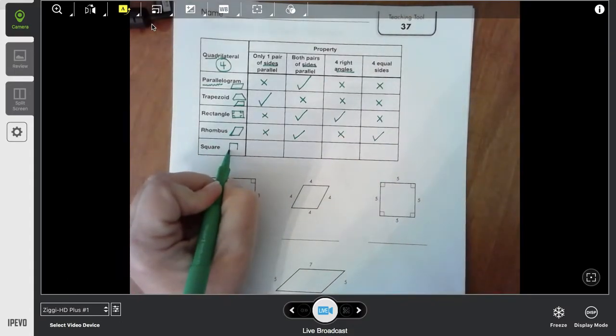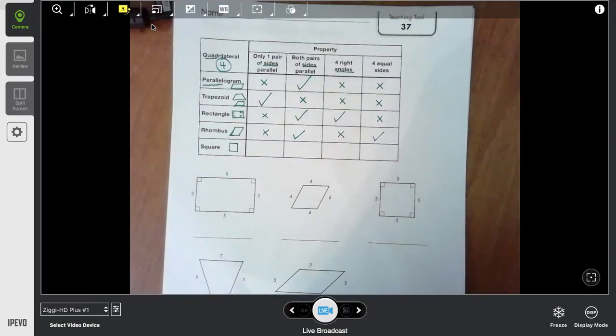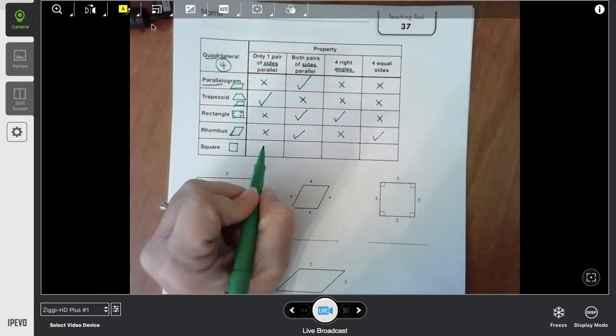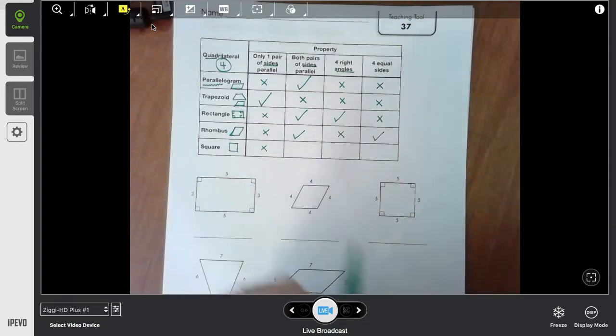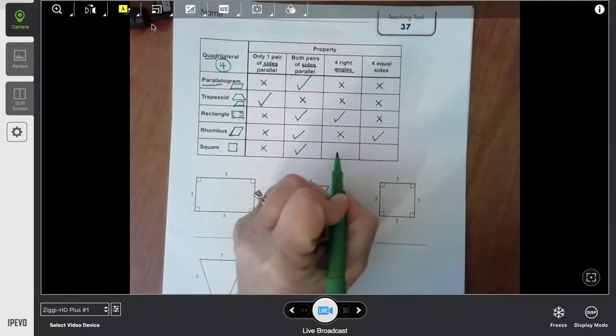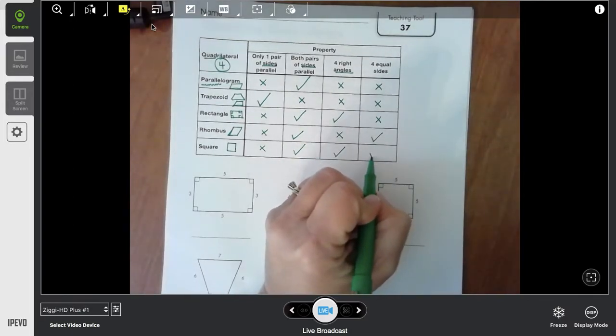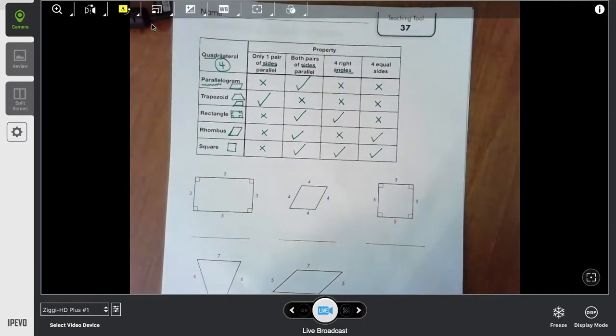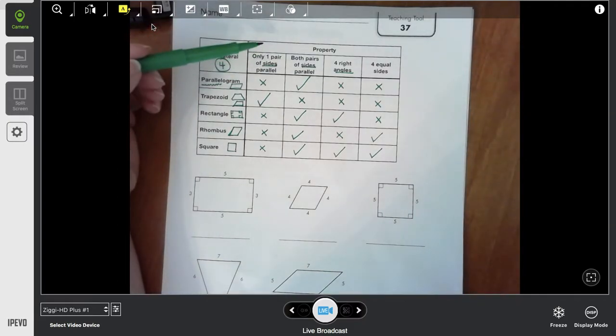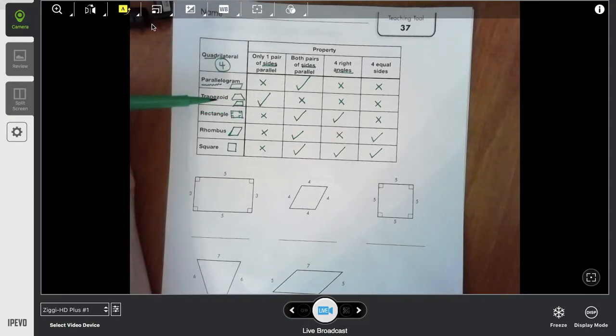A square. Square is the one that has the most classifications, right? Does it have one pair of parallel sides? No, it does not. It has to have both because it's a parallelogram. Does it have four right angles? Yes, it does. Does it have four equal sides? Yes, it does. Okay, so we can see some similarities. The only one that has one pair of parallel sides is a trapezoid. That's why it's special.